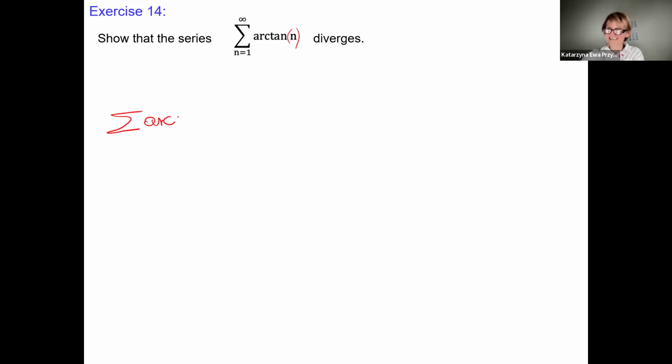Yes, I can see arctangent of n. Let me do, yes, we can say the first term is arctangent of 1 plus arctan of 2, and then eventually how these terms behave at infinity.